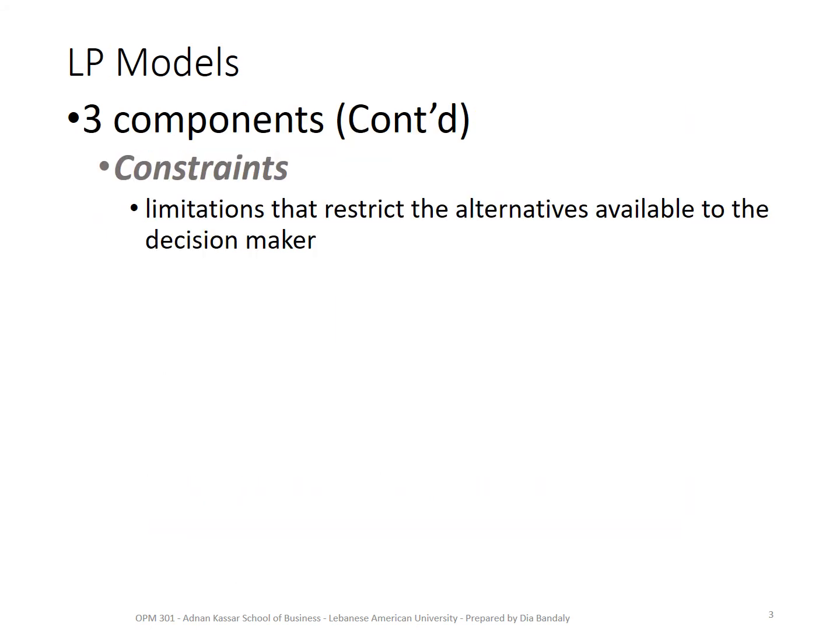The third component is the constraints. What are constraints? These are limitations that, like the word implies, would limit our options. Okay, and we have seen that in the carpenter problem. I will come back to that anyway.